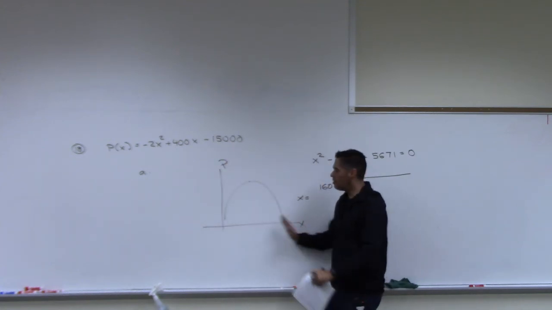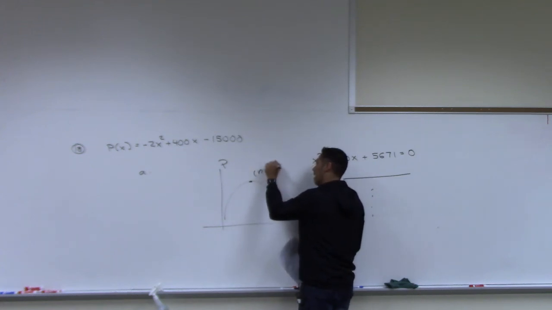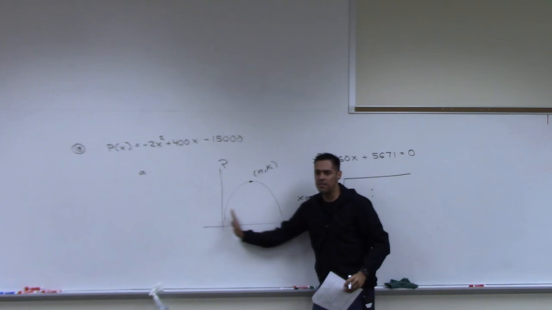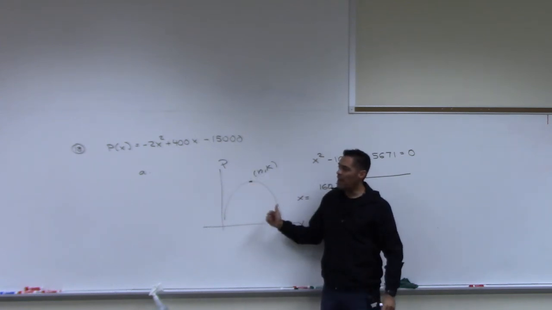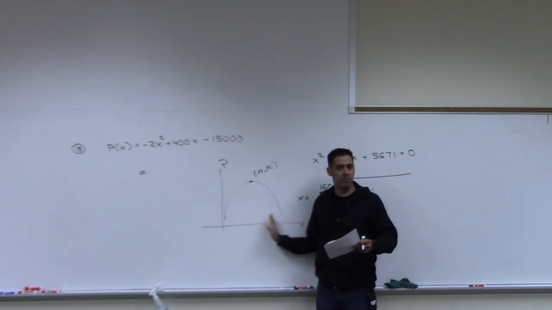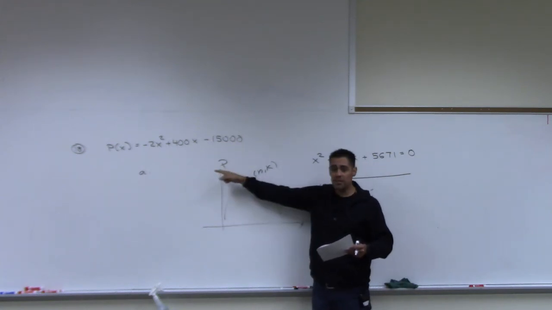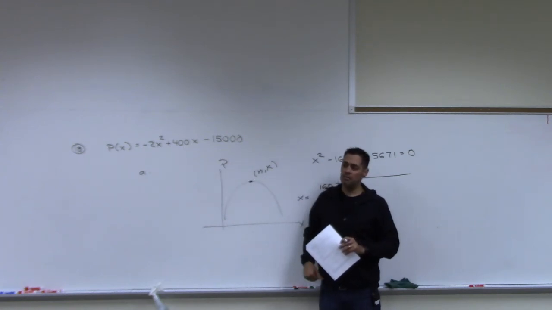When you find this point, (h, k), h is this and k is this. So part A wants the number of products produced. Part A wants h, and part B wants k.